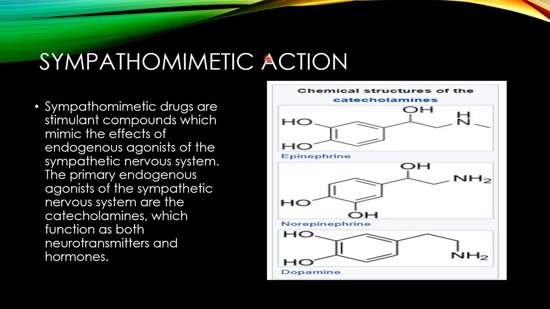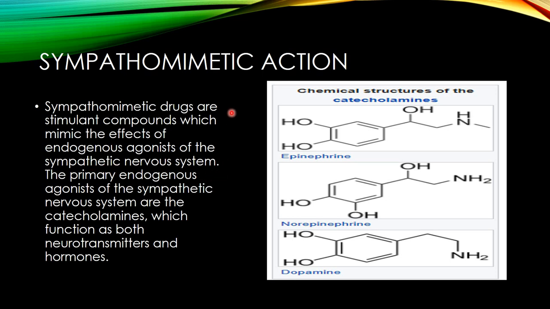Next is sympathomimetic action. Sympathomimetic action means this is the action present in drugs that are stimulant compounds which mimic the effects of endogenous agonists of the sympathetic nervous system.